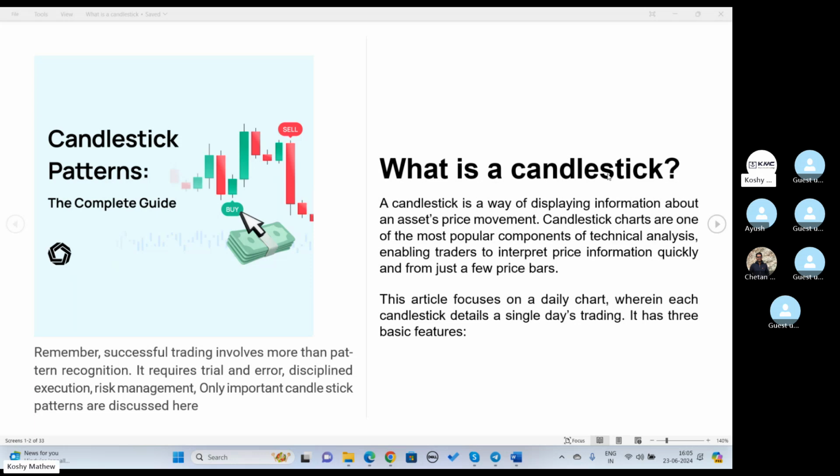A single candle may not denote much, but it adds value to the preceding or the succeeding candle. A candlestick is a way of displaying information about an asset's price movement, and candlestick charts are one of the most popular components of technical analysis.